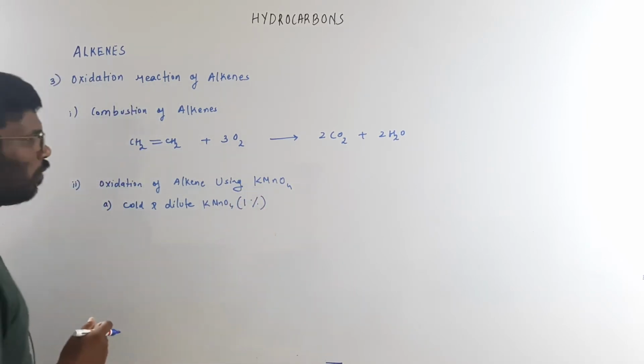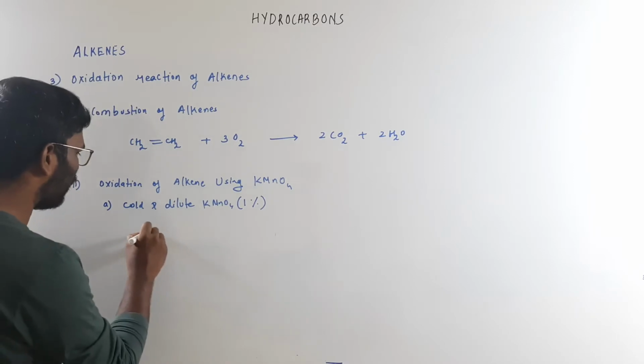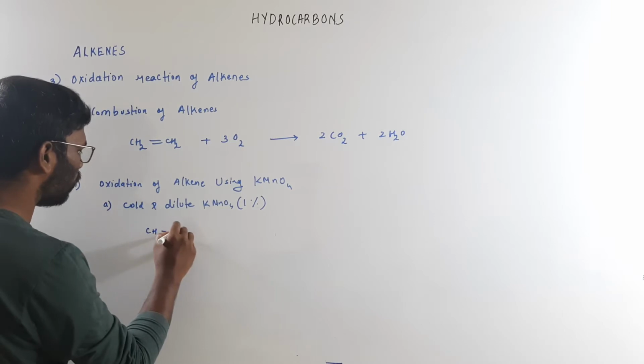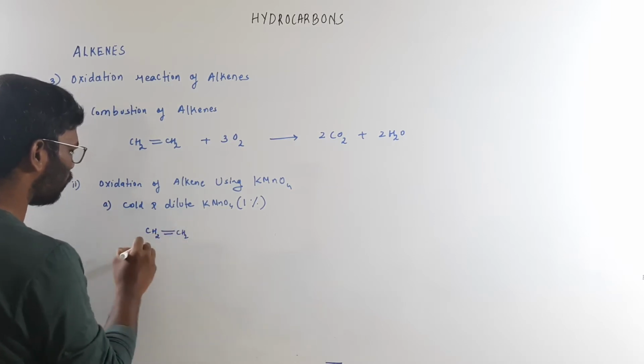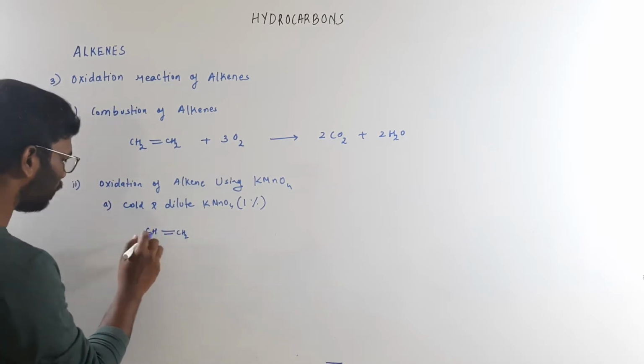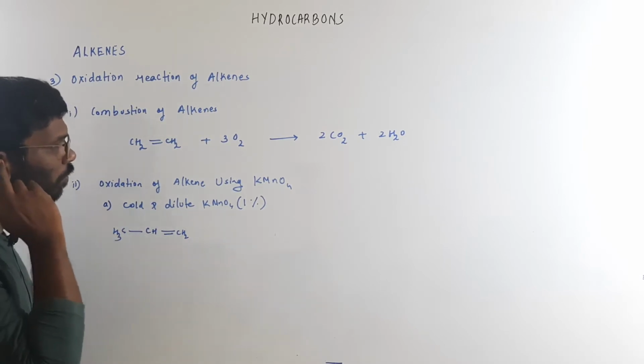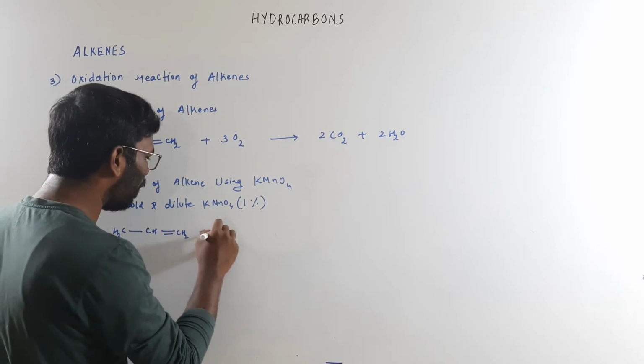Let's take the simplest alkene, CH2=CH2. Let's understand all the differences. Here I add KMnO4.